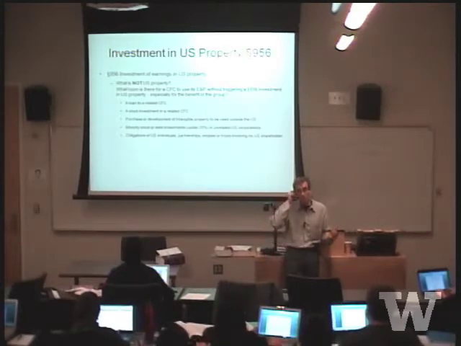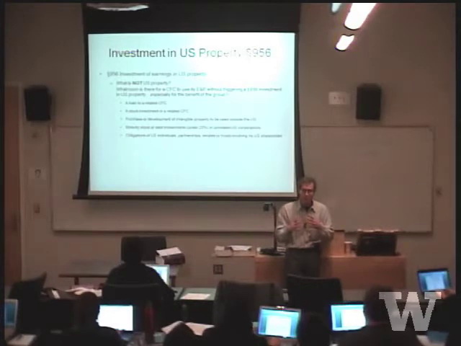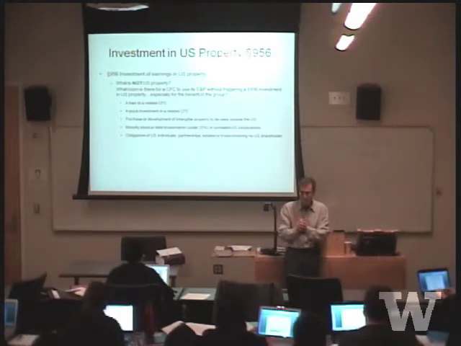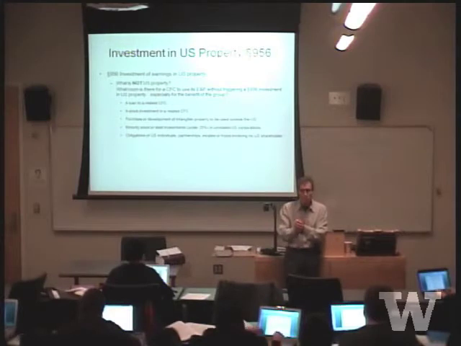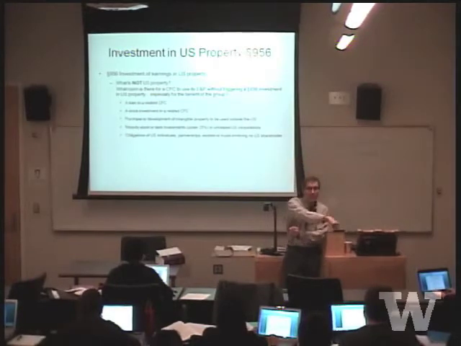Now, notice this one's kind of interesting because in theory you might say, well, gee, if the U.S. really wanted to be strict about this, they could say that any investment or loan would have to be considered to go first to the parent as a distribution and then as a new investment.